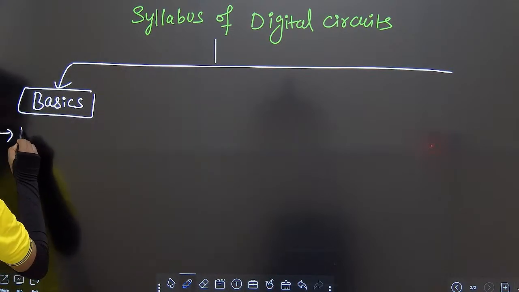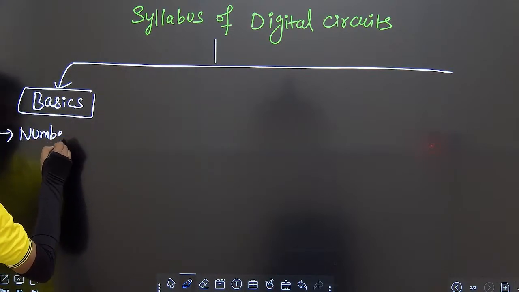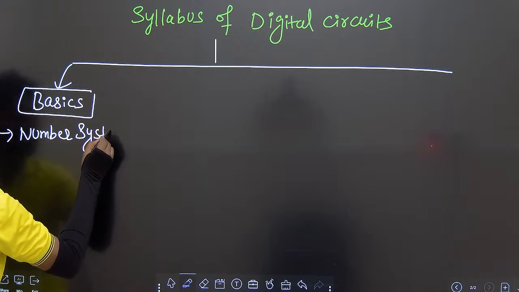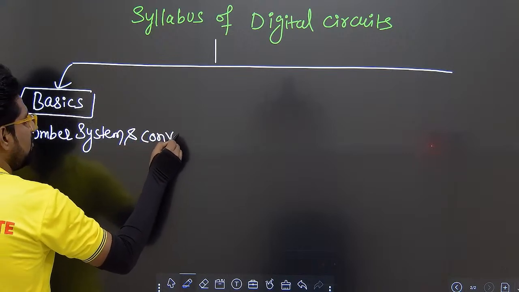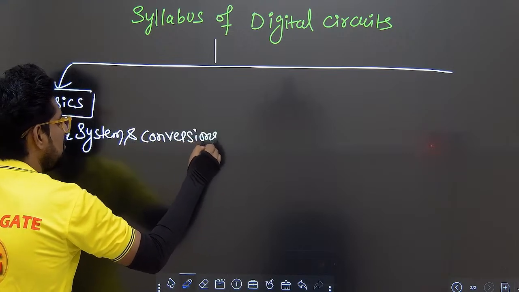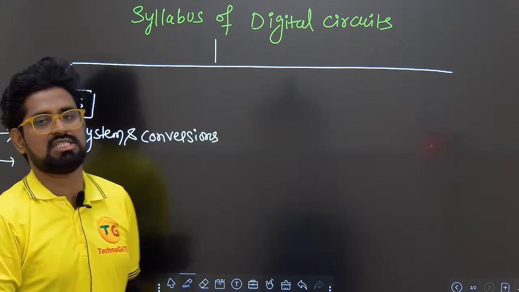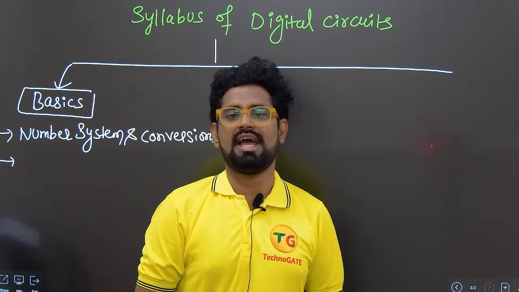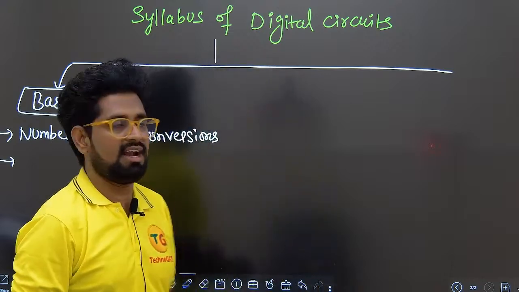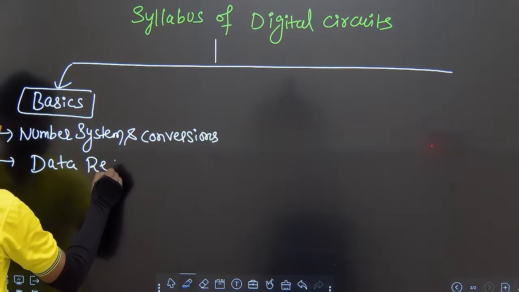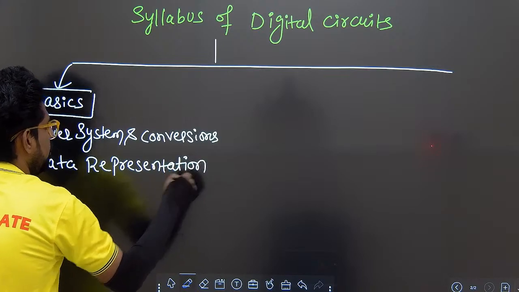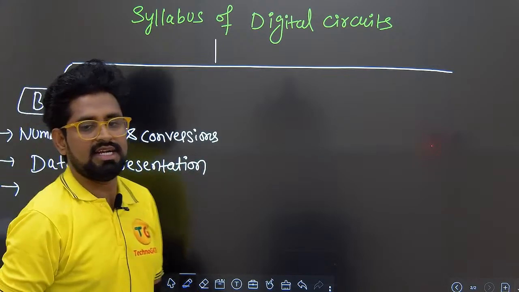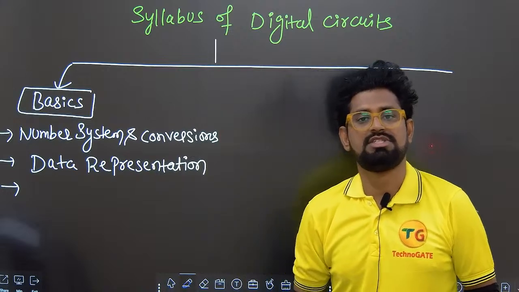Under this I am going to cover the various number systems present in digital, and what conversion is. So, number systems and conversions. The second module that I am going to cover here is data representation. How to represent data in digital, what are the various formats we have.